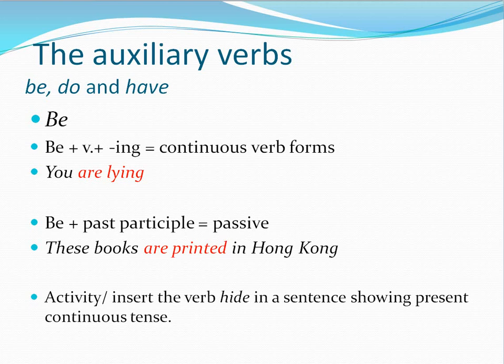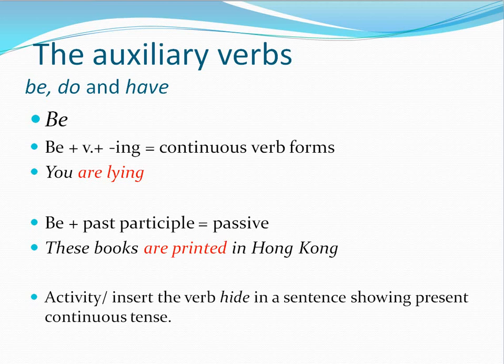For example, you are lying, she is writing, I am going to do something. For forming past continuous, we can add was and were plus verb plus ing. So in general, we use be in order to form continuous verb forms. This is one function for be.